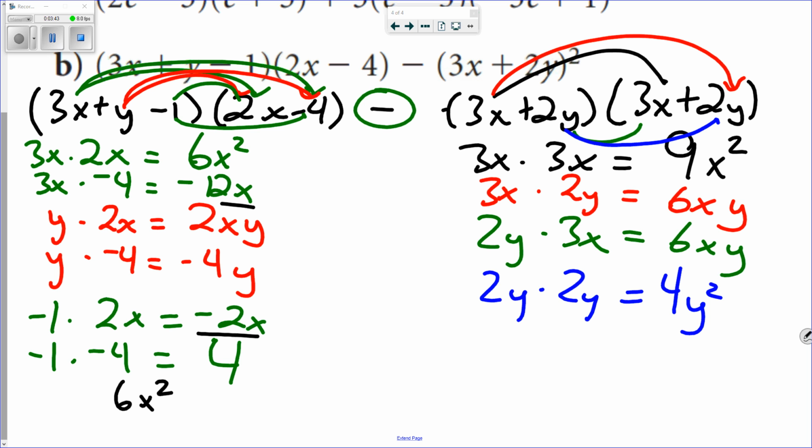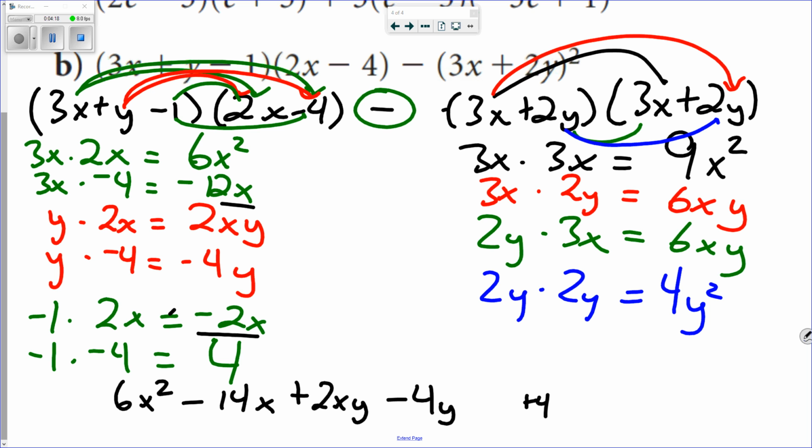We have a negative 12x minus 2x and minus 14x. We look at xy's. We only have one of them. That's positive 2xy. We look for just y. We only have one. It's negative 4y. And we look for numbers all by themselves, the constant terms, the no variable terms. We have 1, and it's positive 4.